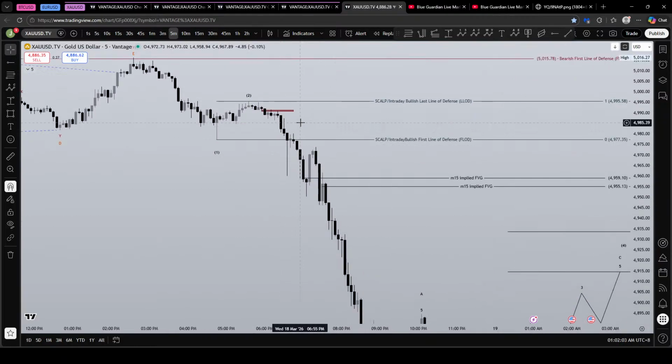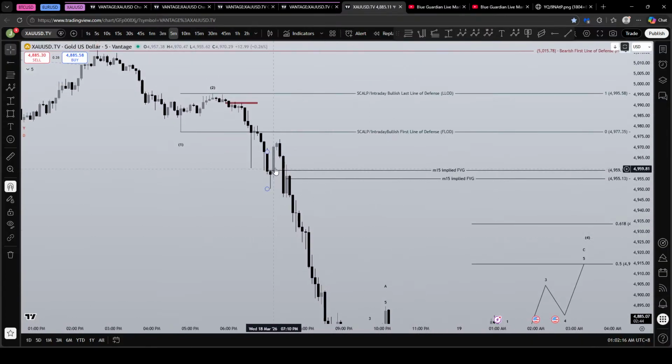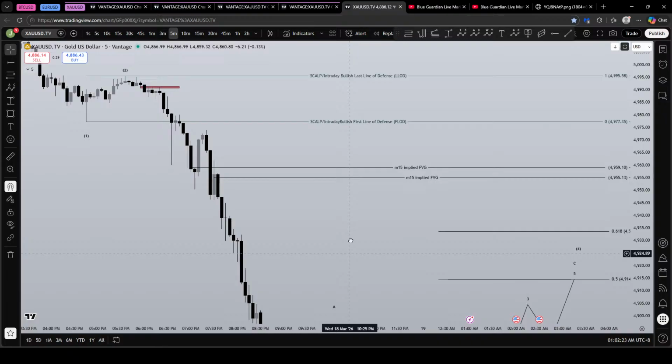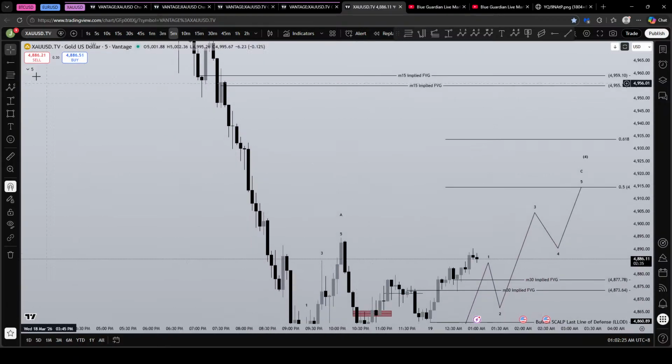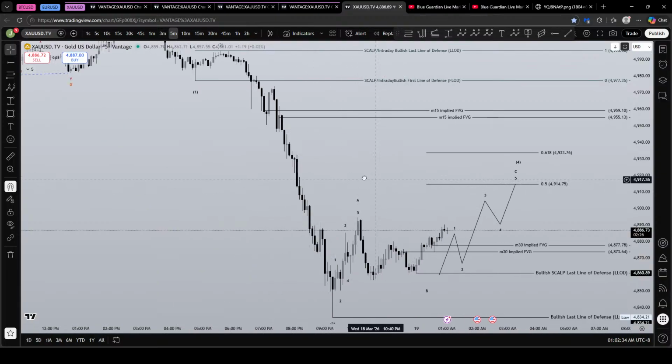So if you want to test it yourself, go and try implied fair value gap, and I am quite confident that you may consider this as part of your entry or exit model.